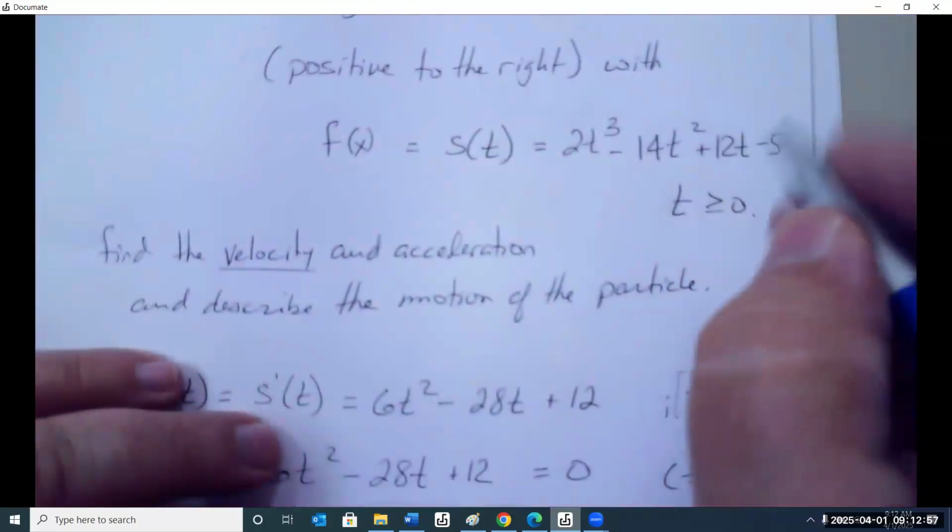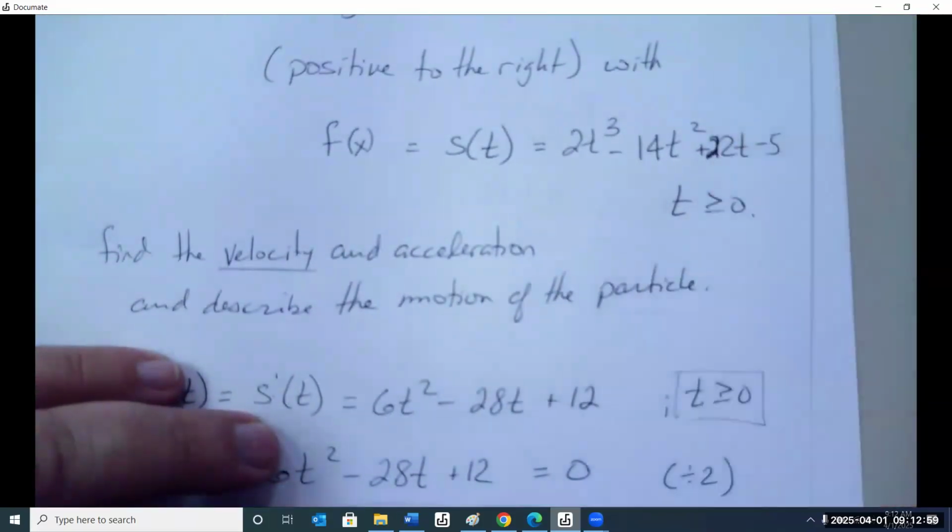And then 2 and 3, 6 and 3. There's a mistake. It was 22.